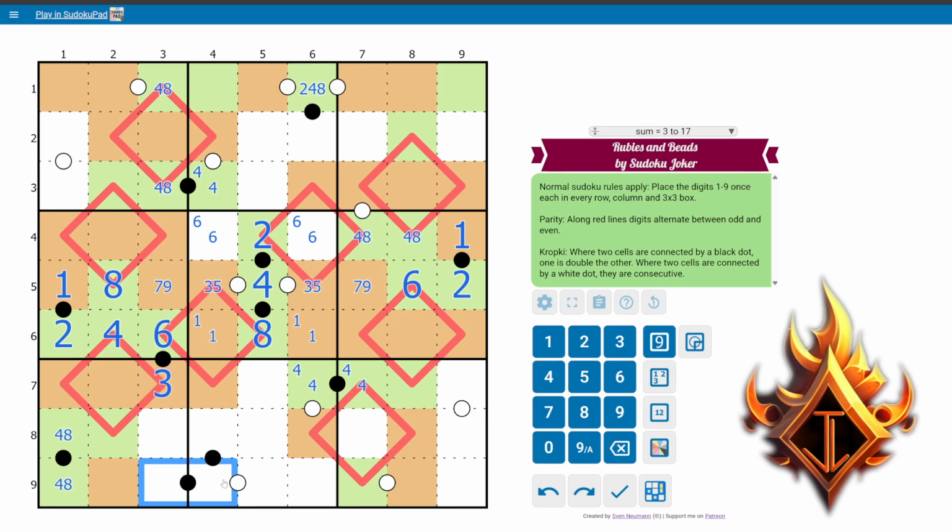Or can they both be even? I guess they could. All of those could be even. It would have to have a 4 here. So 4.